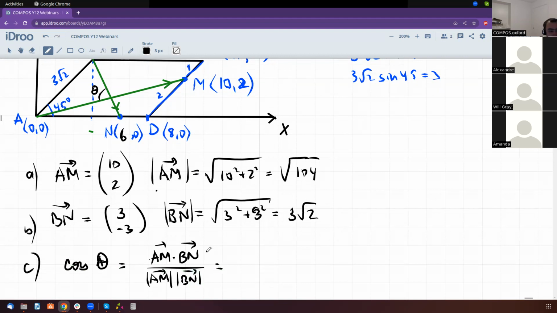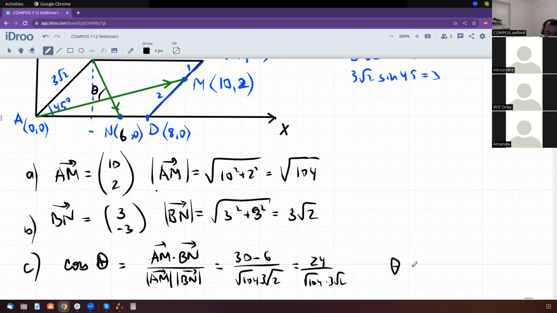Okay, so AM times BN, so 10 times 3, so it's 30 minus 6 over AM is square root of 104. And this is 3 square root of 2. So it's 24 over square root of 104 times 3 square root of 2.